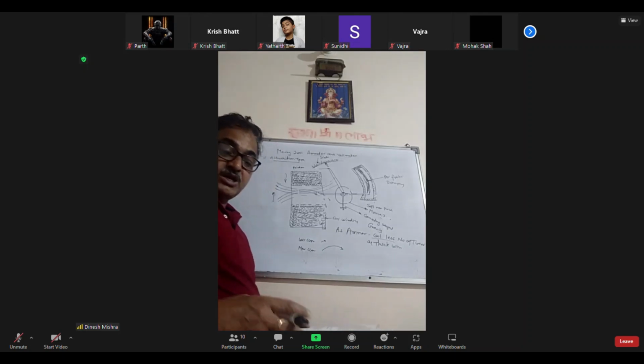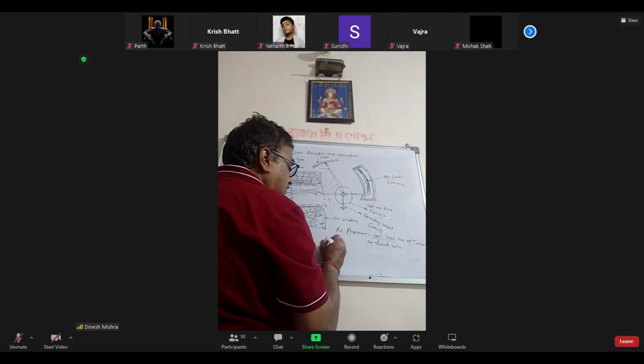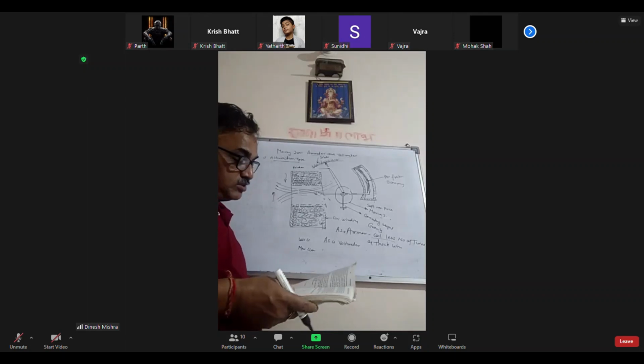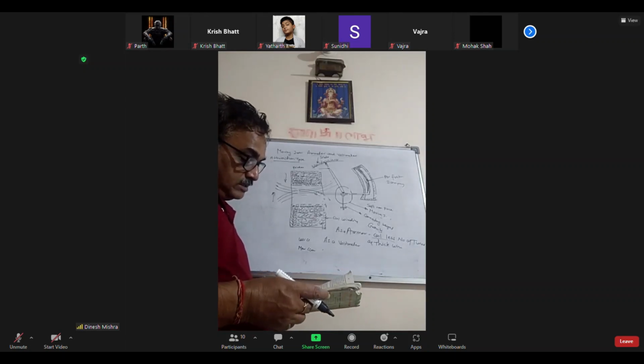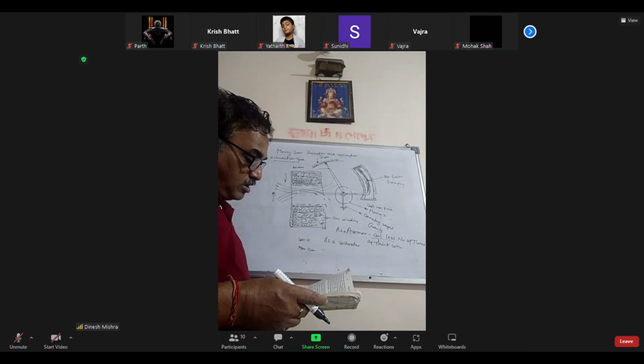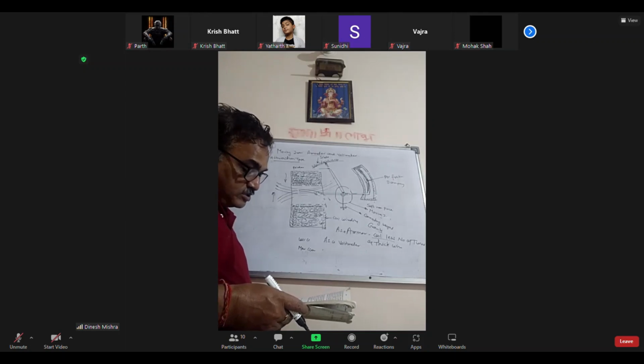When the instrument is used as a voltmeter, the coil has high impedance, so as to draw as small a current as possible. Since it is connected in parallel to the circuit, the current through the coil is very small. It has a large number of turns.